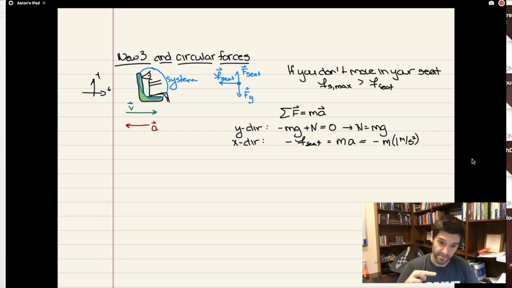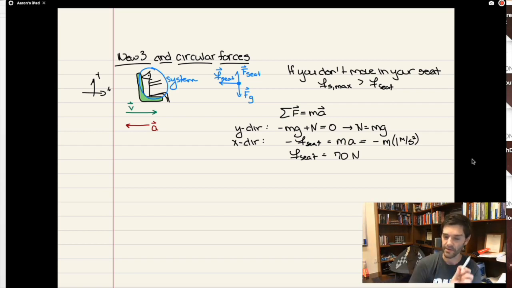Minus because it's pointing in the negative direction. So then the magnitude of the friction force from my seat is 70 newtons. 70 kilograms times 1 meter per second squared. That is the friction force that is necessary for me to decelerate at 1 meter per second squared.